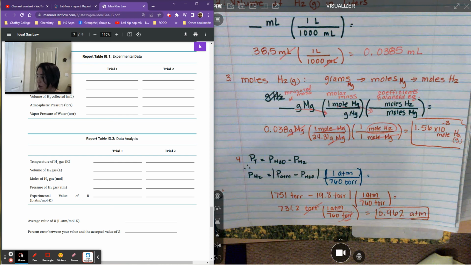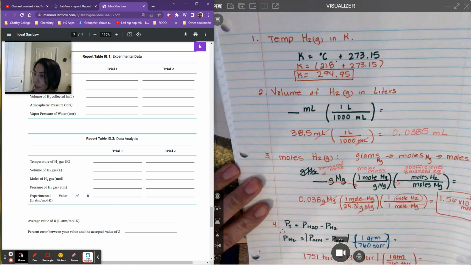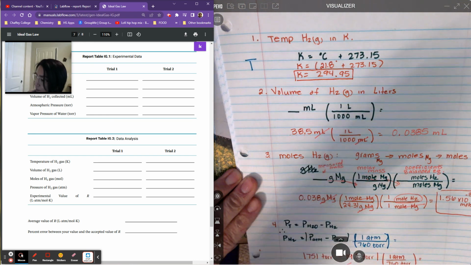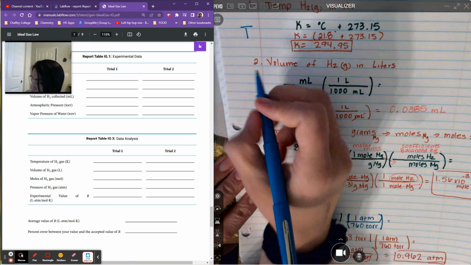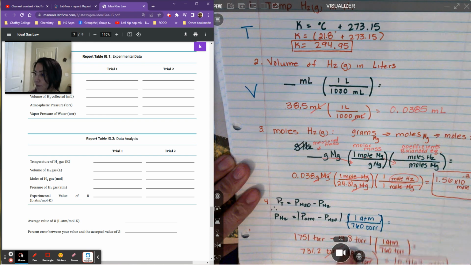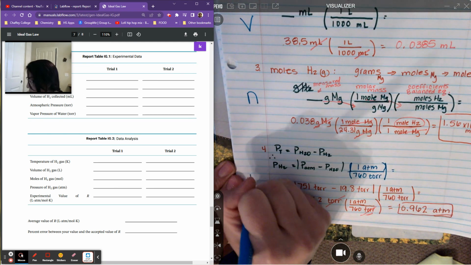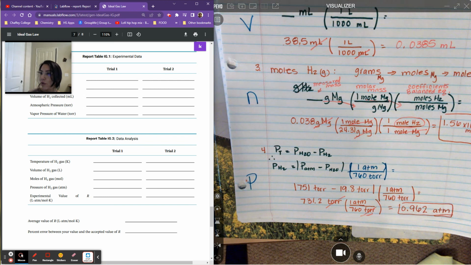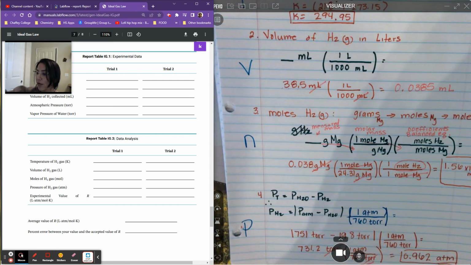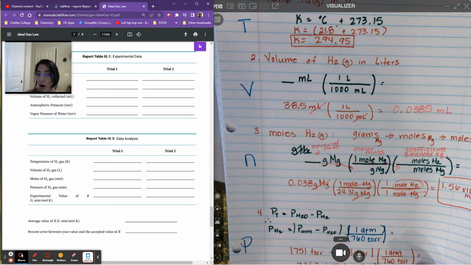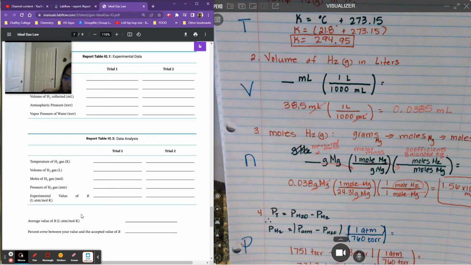So in all, we have obtained the following. We've obtained our T. We have obtained our V, the n, and the P. And we need all of those in order to calculate PV equals nRT and find what our R constant is going to be. So now let's find our experimental R constant.